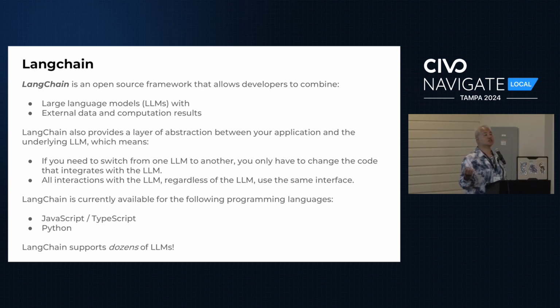In other words, I can switch the underlying LLM and still talk to it using the same API. Currently I'm using OpenAI, but I can switch it out with something from Hugging Face or who knows what other LLMs are out there. LangChain interfaces with dozens of LLMs.